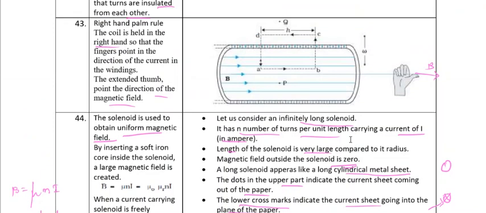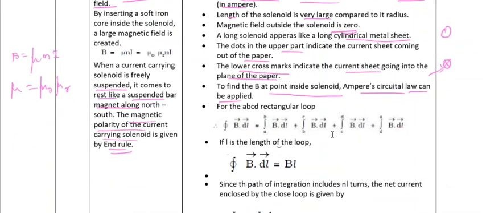Let me consider ABCD as the loop. Within this ABCD, there is a distance between D and C, h, and this is omega from the axis of the solenoid, right?